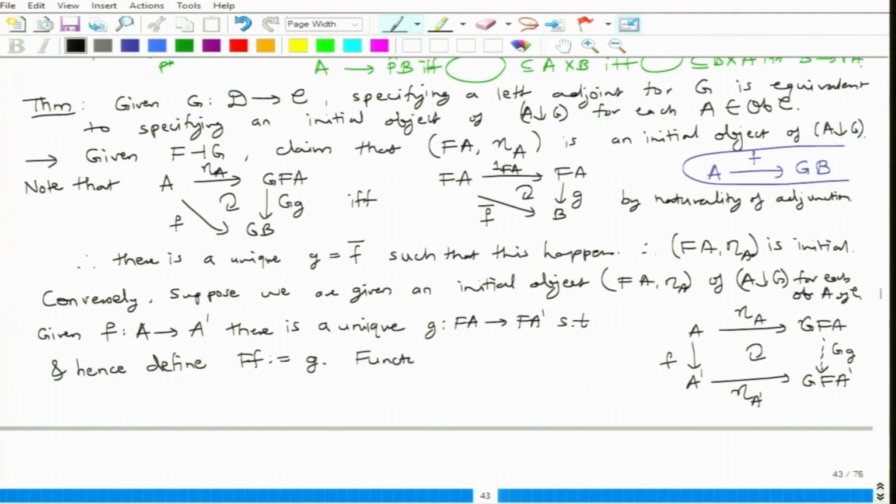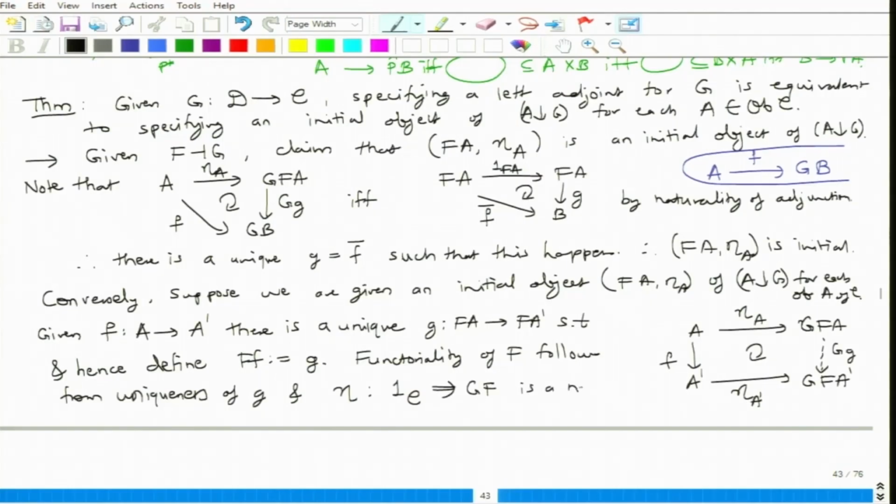Okay, so functoriality of F follows from uniqueness. Always identity maps to identity, compositions go to compositions, from uniqueness of G, and eta is indeed a natural transformation from 1C to GF, because all these diagrams do commute.